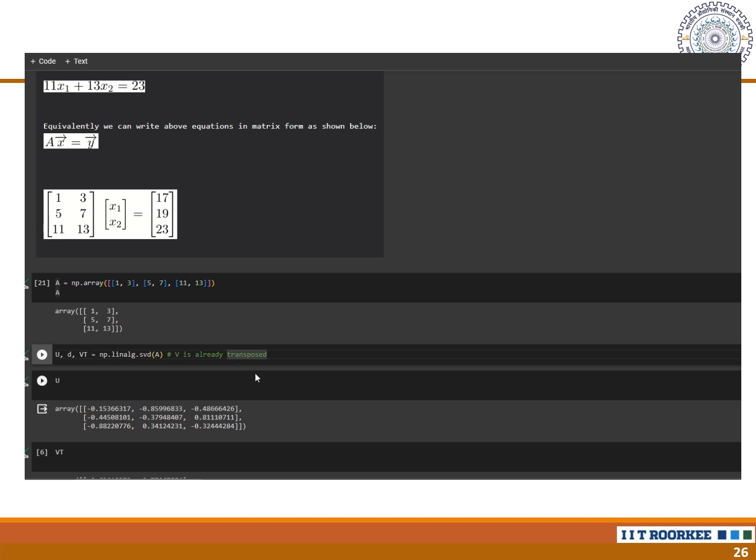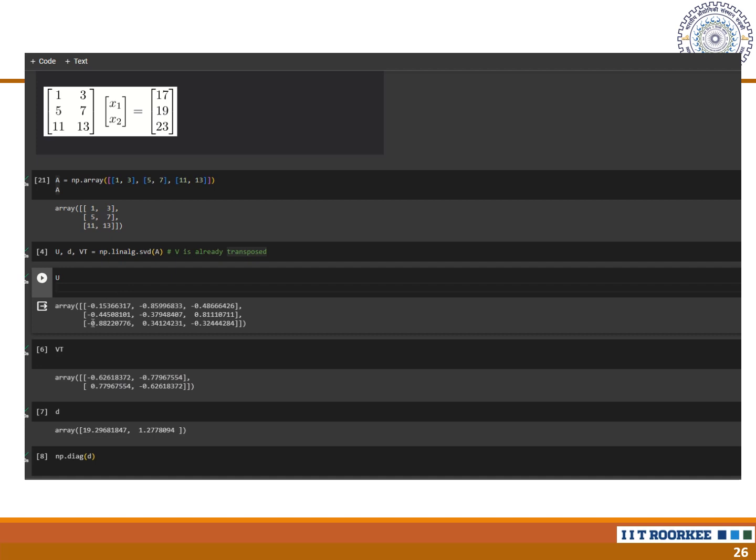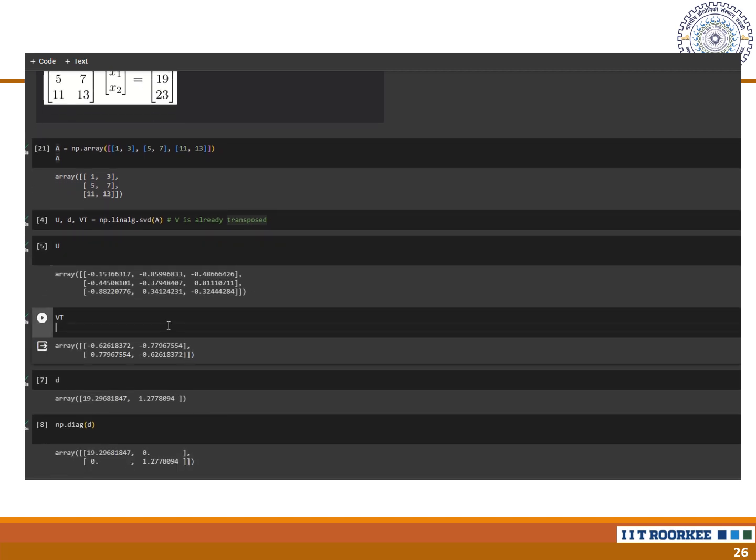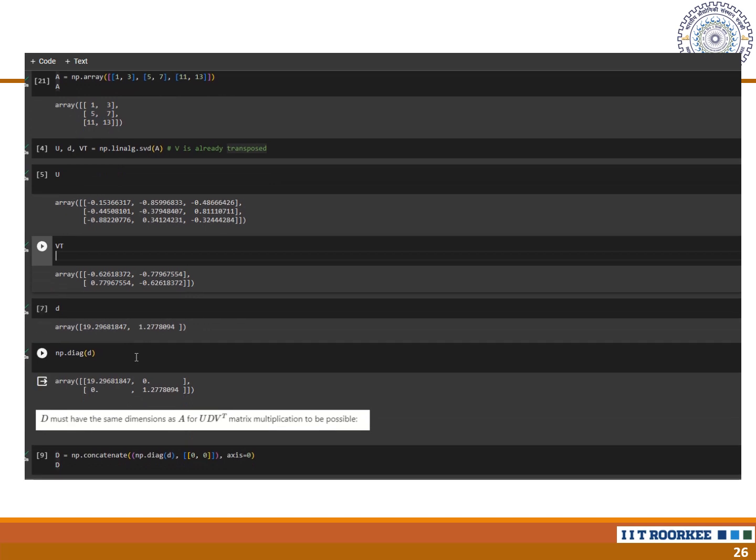What this function gives us is first U. U is the left matrix that we get in the singular value decomposition. It's an orthogonal matrix. Second thing is V transpose, that is the right matrix that we get in singular value decomposition. Next one is D. D consists of the singular values of A.